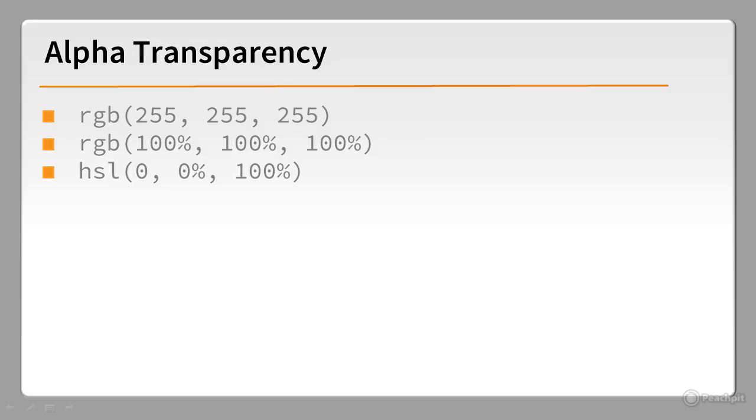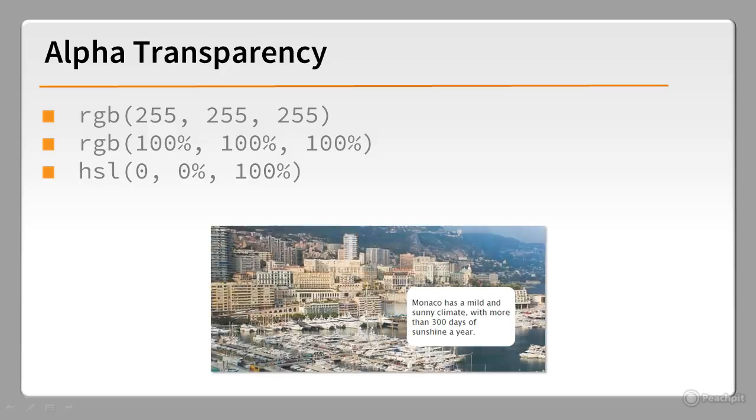Modern browsers also support alpha transparency, which makes colors translucent. The code here shows 3 different ways of representing white using the RGB and HSL color formats. Both RGB and HSL produce solid colors, like the opaque white background to the text over this picture of the yacht harbour in Monaco.